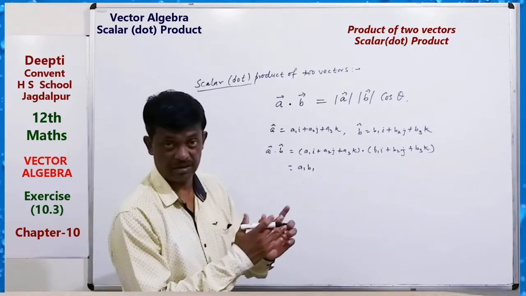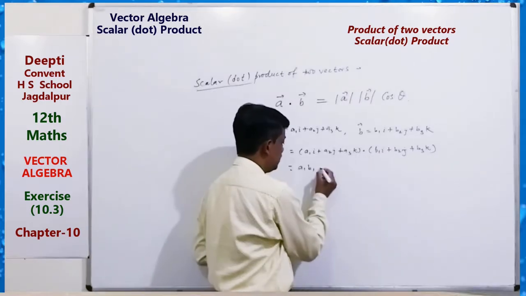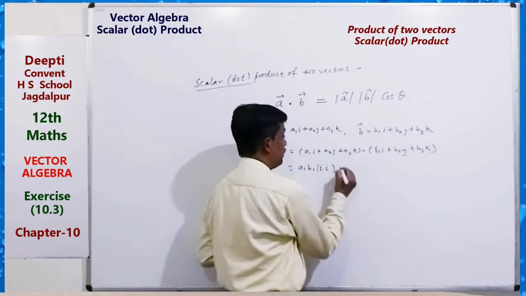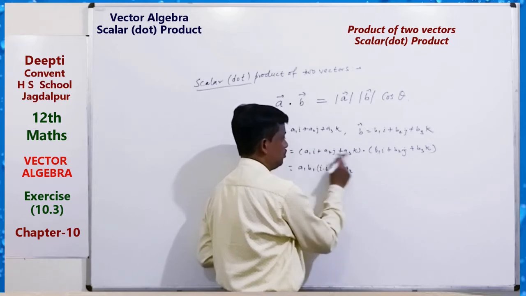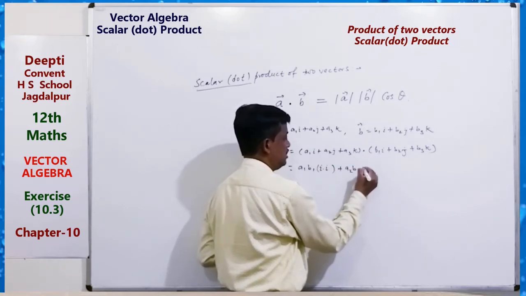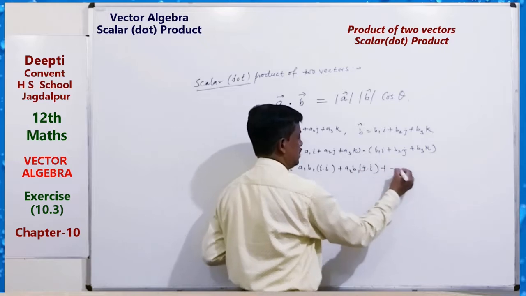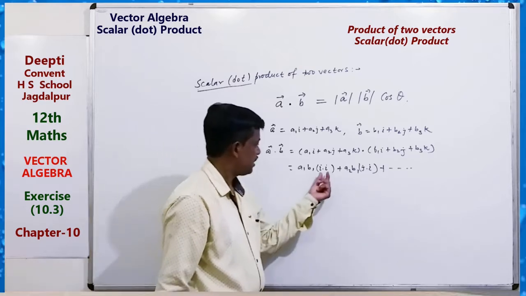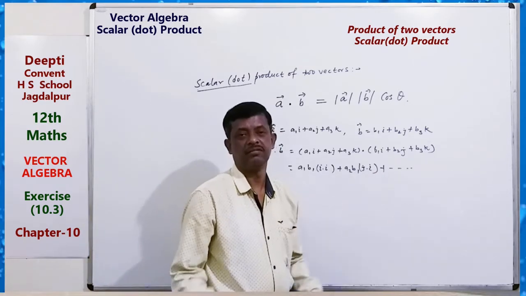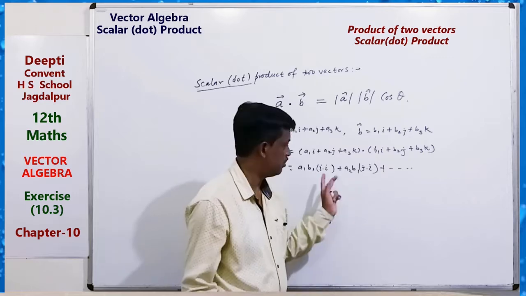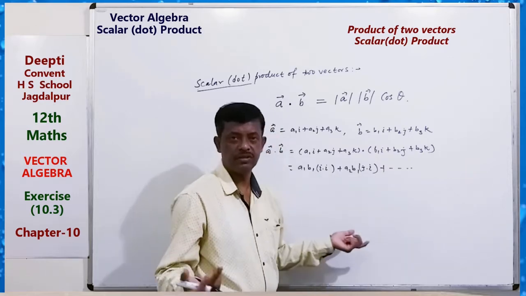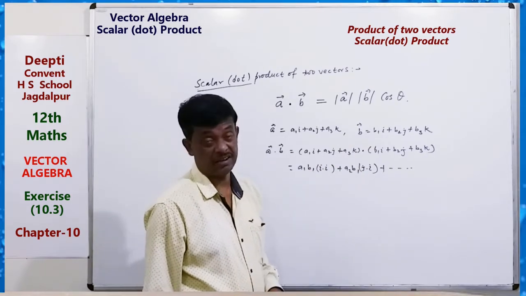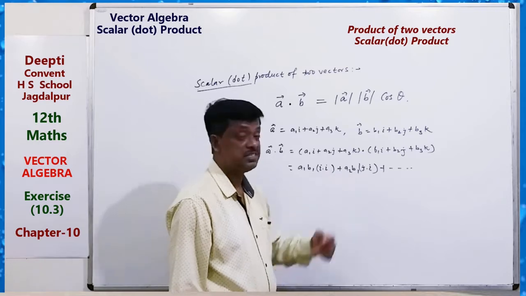Now A2 B1 J dot I, just like this. So I dot I, J dot J, K dot K will be equal to 1, and the remaining values will be 0. Similarly, we get 9 terms, and 6 terms will be 0.